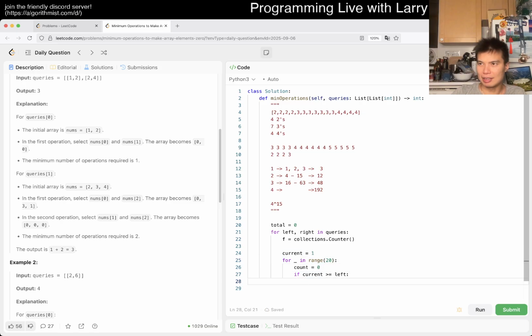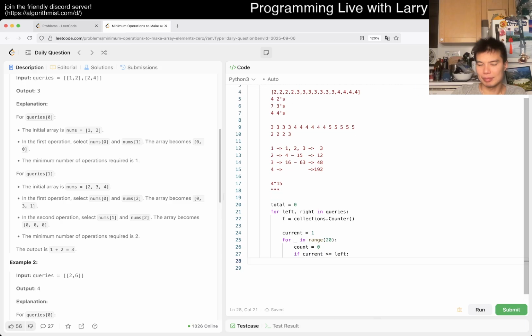Okay, yeah. From the left side, there's going to be this, right? So it's greater than left. No, the other way. No, this is right. If the current number is greater than left, what does that mean? Why am I so bad at this?